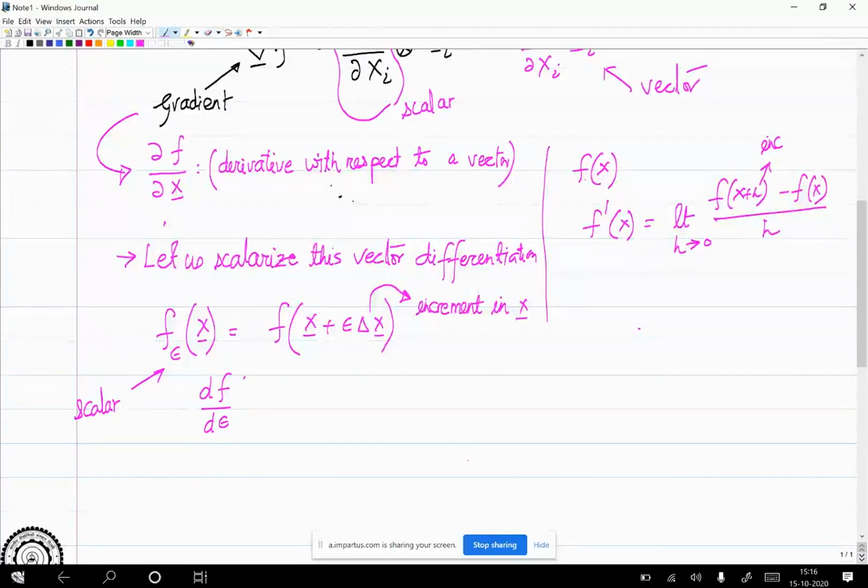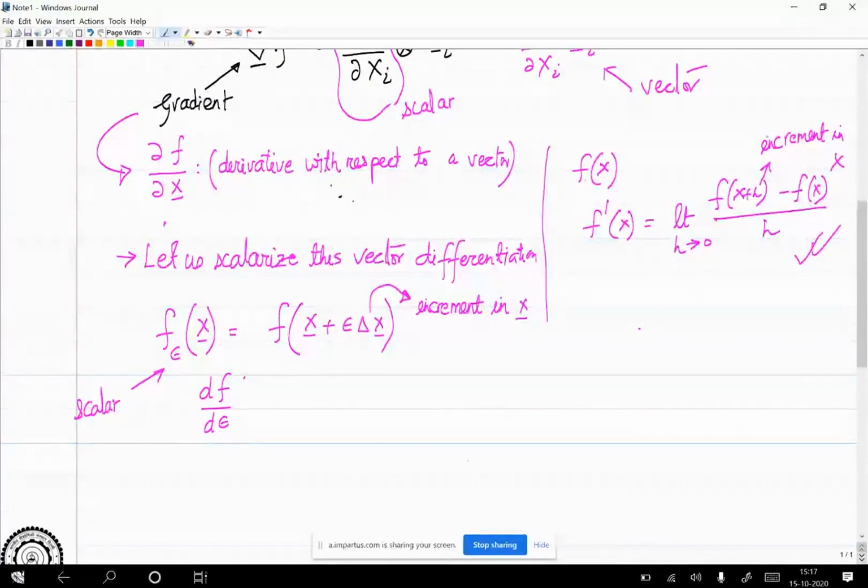It's the same thing, right? So this is the increment in h. Sorry, increment in x. So to do differentiation, what we do, we simply increment the argument a little bit and see how it is changing with respect to that increment. So this is that differentiation here.